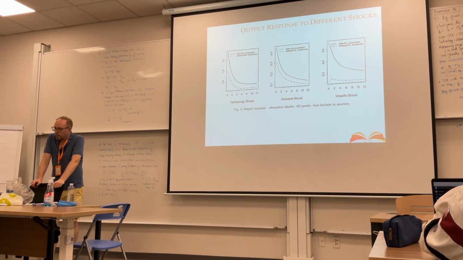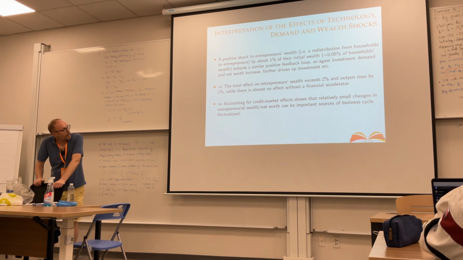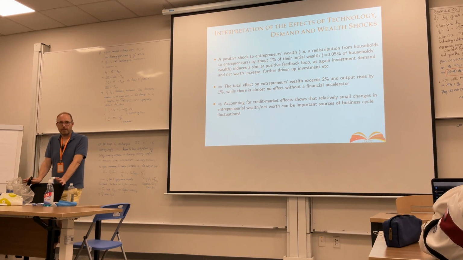So if we tax our normal households and reduce their wealth by half of a percentage point, they're worse off. We end up increasing our entrepreneurs' wealth by 2%, they're a lot better off.